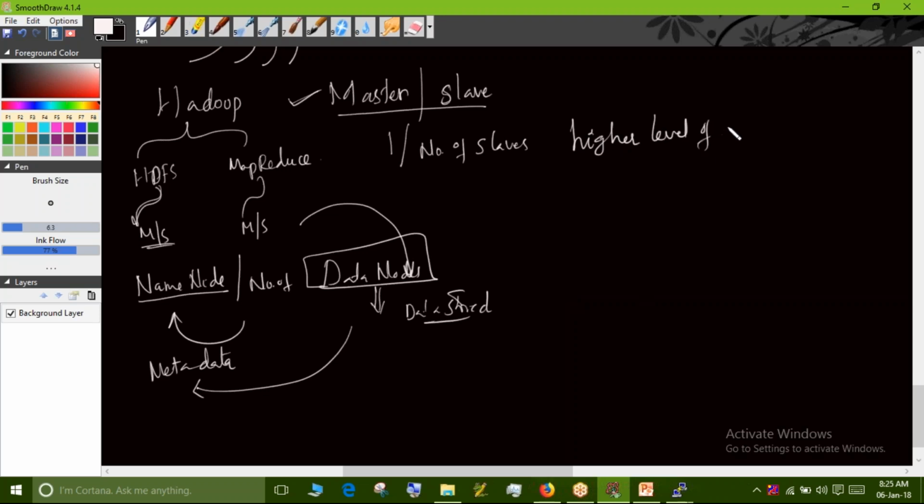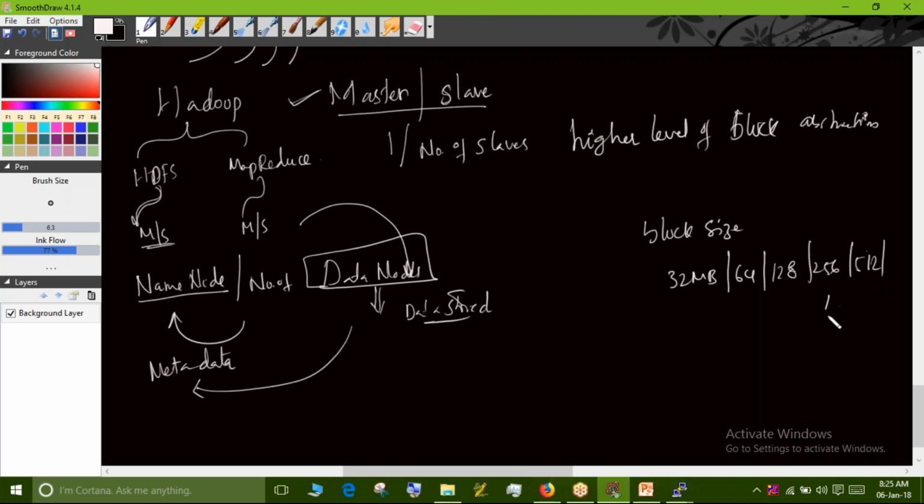We use this term because the block sizes are usually in the range of 32 MB, 64, 128, 256, 512, or 1024, which is 1 GB block size. So the range is usually like this.